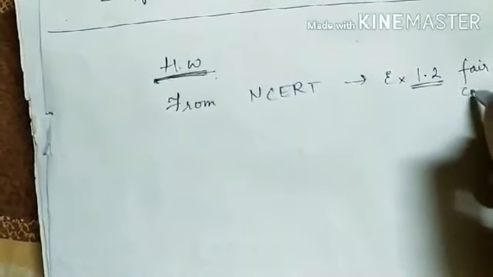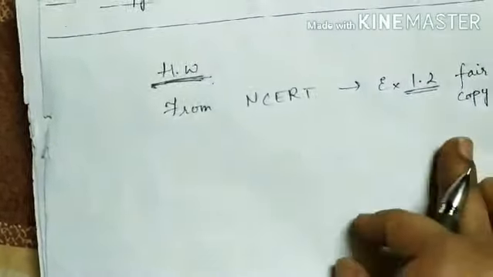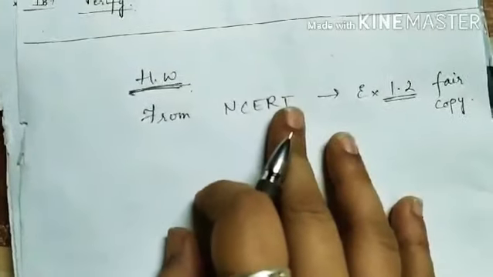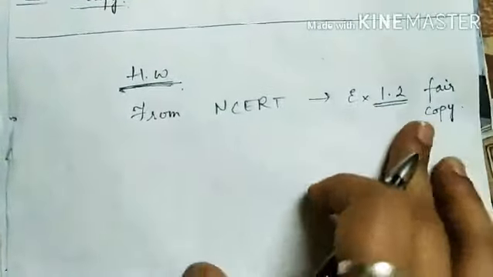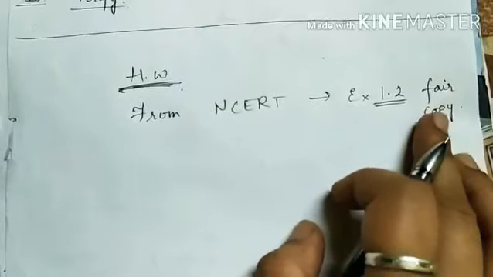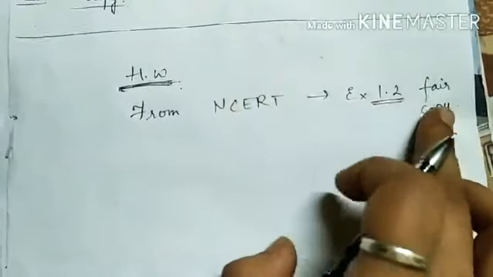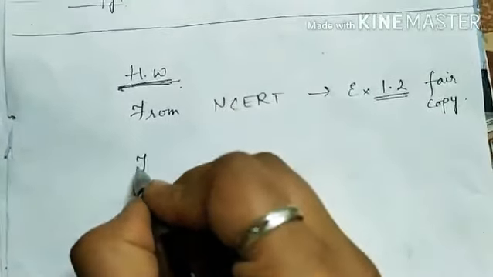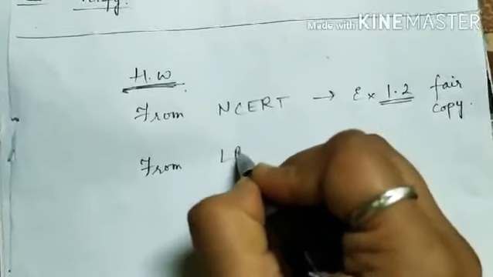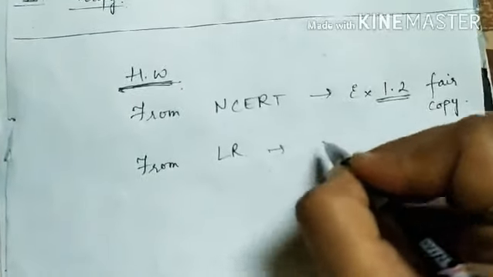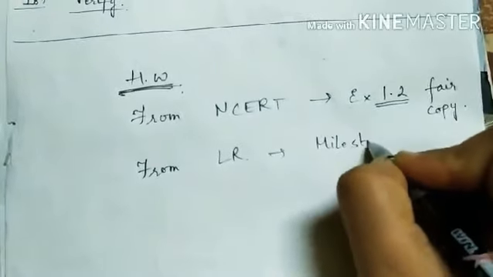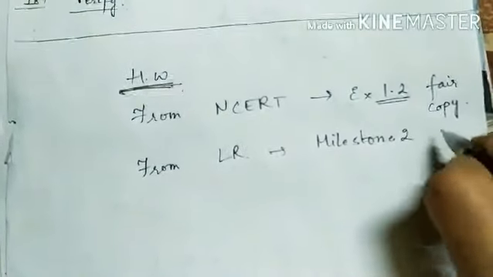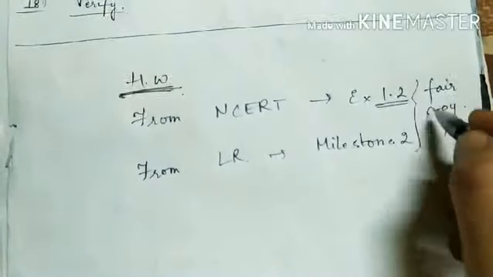As you have done your previous work, in the same way you have to follow the same pattern and do all the questions from exercise 1.2 in your fair copy. And from LR also you have to do milestone 2 in your fair copy. The same thing, you have to do it in the fair copy.